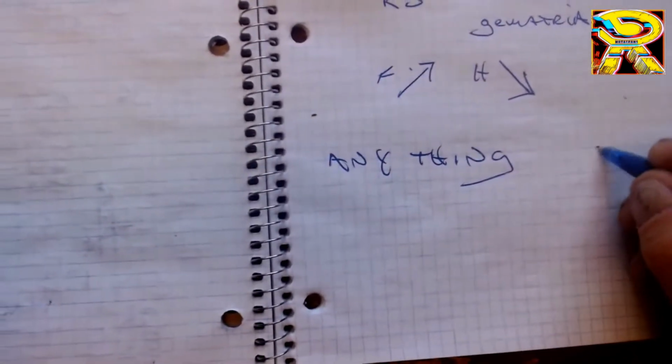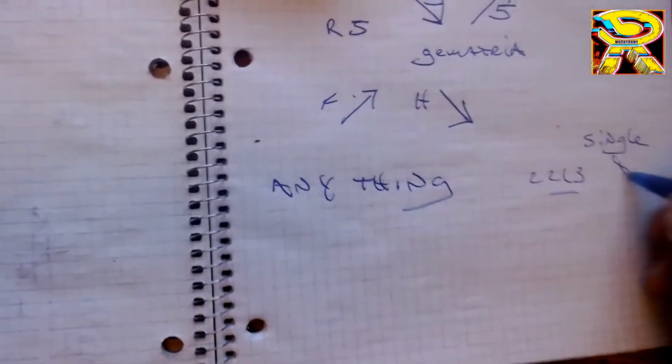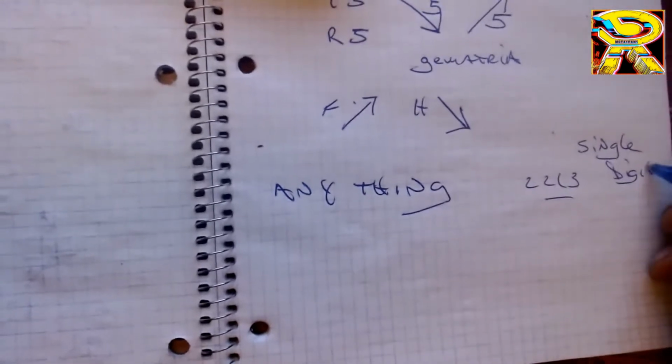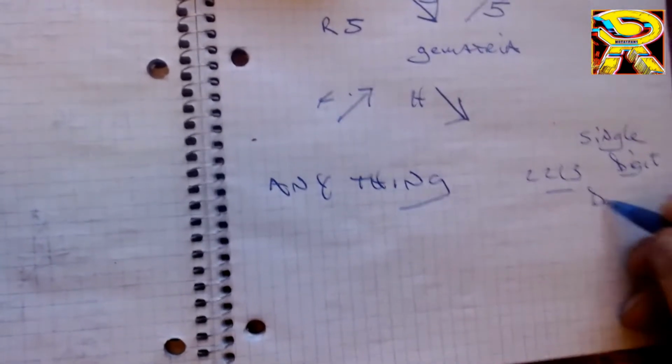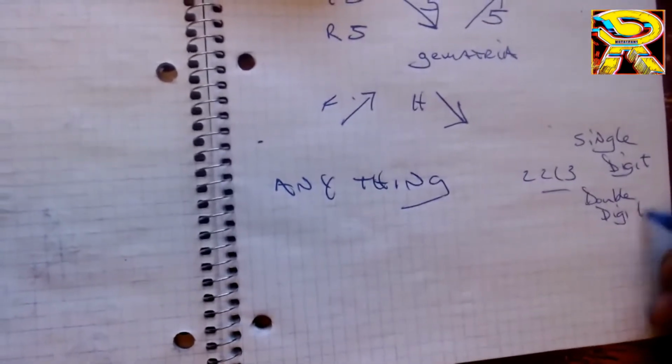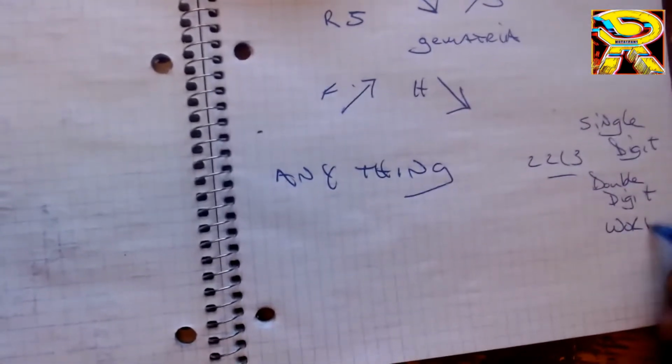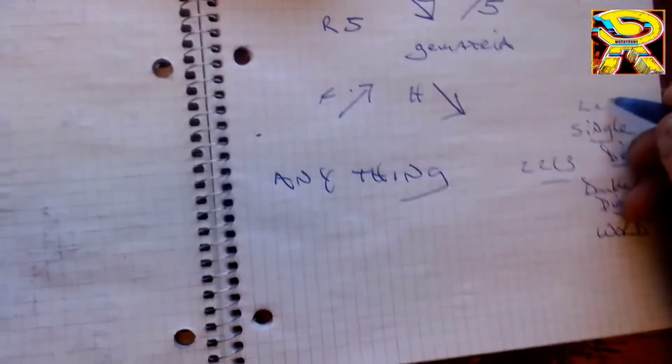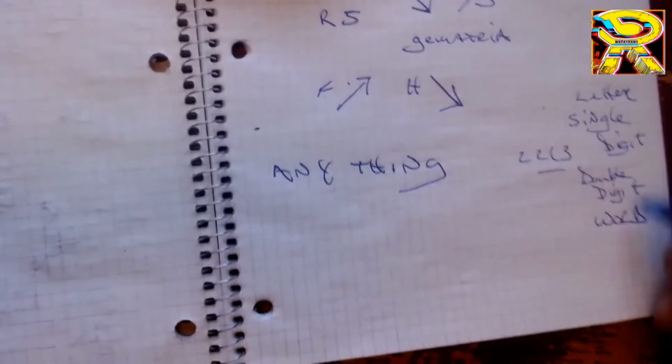Now, in the Pythagorean numerics, no matter how many numbers you write, it all adds up to either a single digit or a double digit. Single digit letter, double digit word.